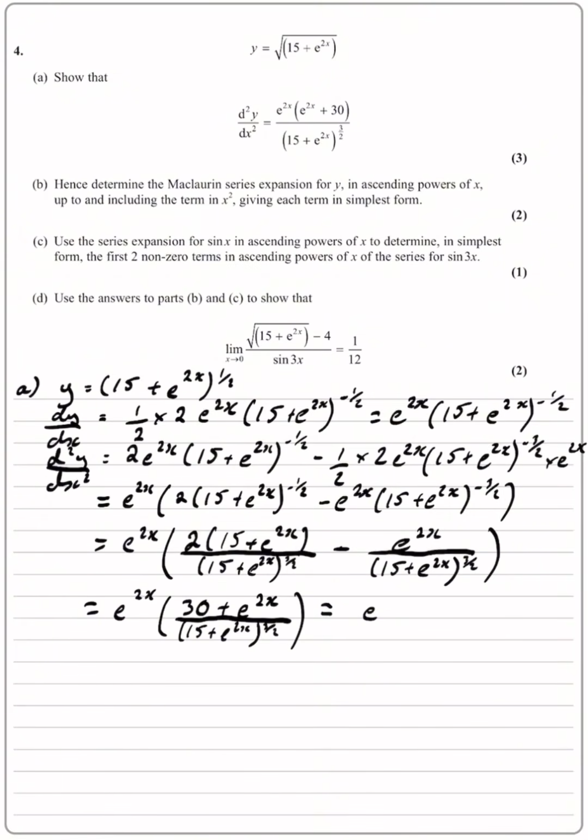So e to the 2x, lots of e to the 2x plus 30 all over the 15 plus e to the 2x to the power of 3 over 2. Which is what the question wanted.